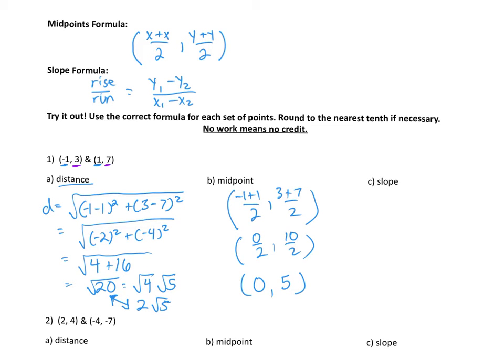Our slope, now I'm going to be careful. I'm going to use my blues first, and remember, it's y's over x's. So here, it's going to be 3 minus 7. I used this 3 first, so that means I have to use the negative 1 first: negative 1 minus 1.